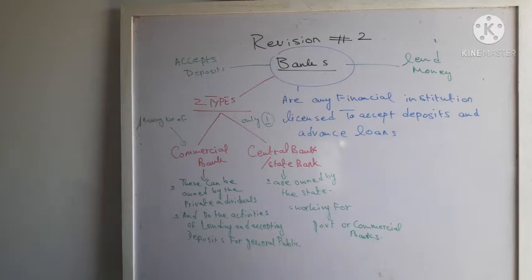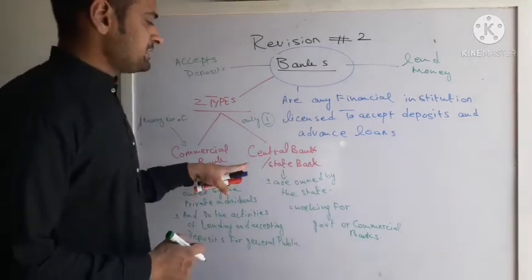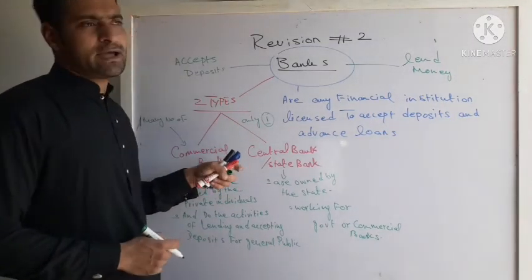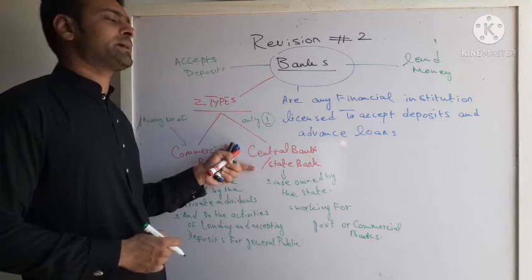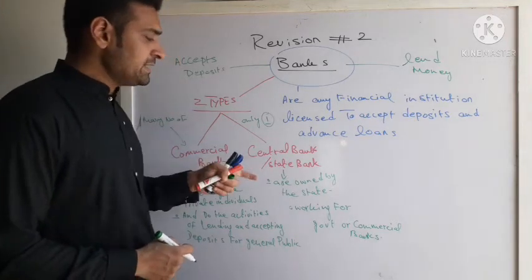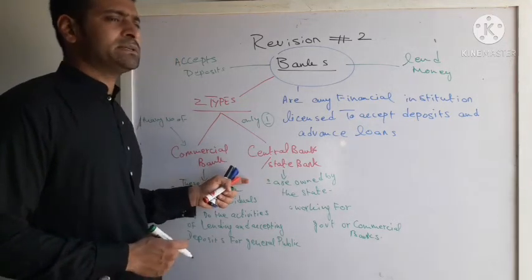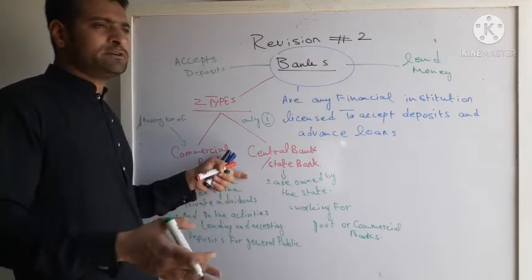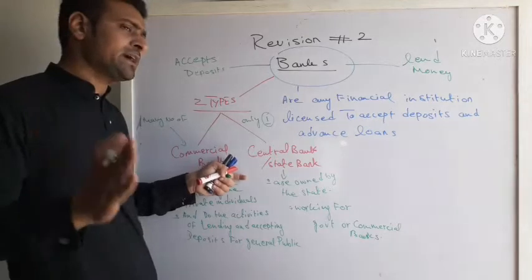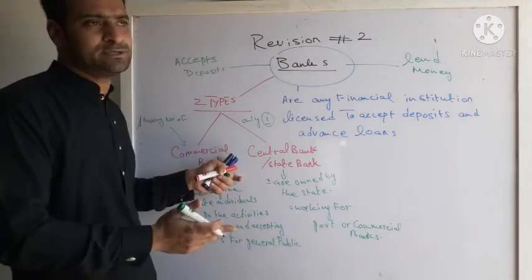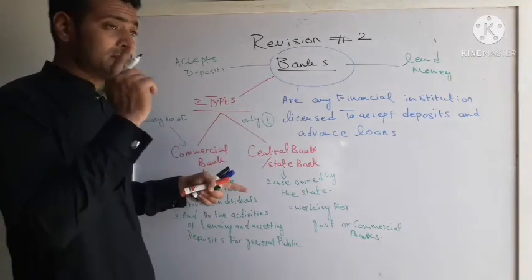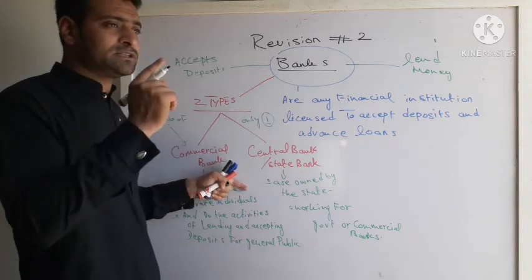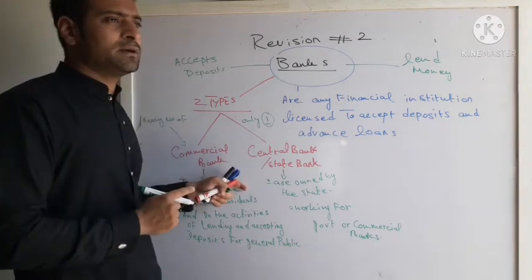If we take the example of the central bank, we have the State Bank of Pakistan, which is the central bank of Pakistan. We can have many branches of that bank in different cities, like in Sialkot at Kachahi Road, but the State Bank is the only one in the economy.